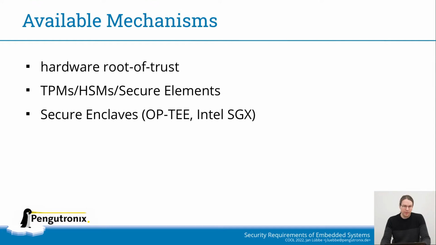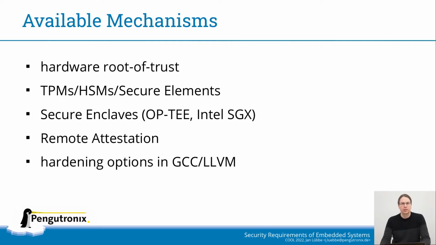There are secure enclaves, so you don't need additional hardware to get similar benefits to TPMs and HSMs. You can use remote attestation to basically ask a remote system if it's verifiably running the correct software. You have hardening options in toolchains, which are easy to use and prevent buffer overflows in many cases.